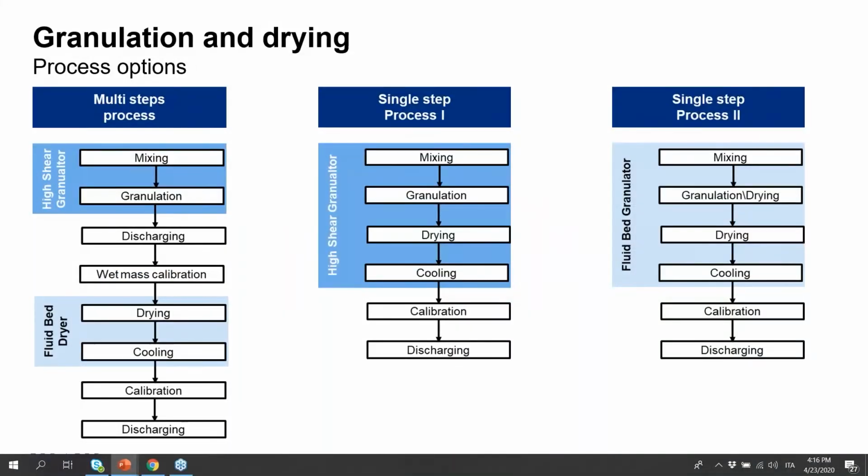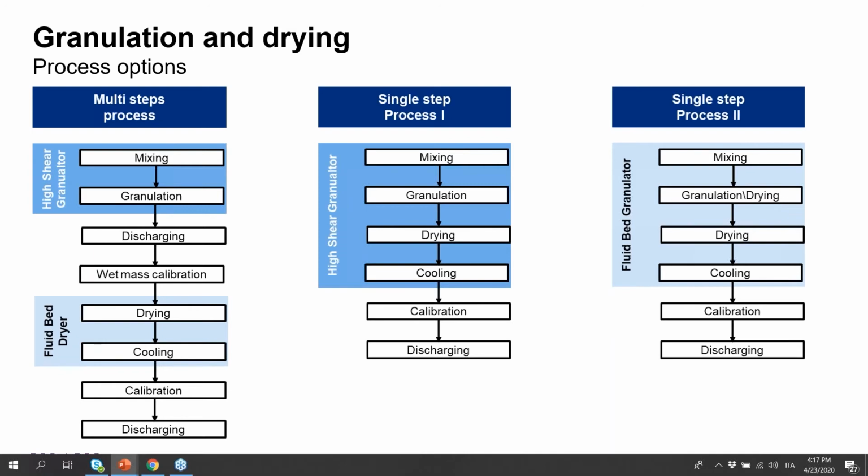So let's move one step more in the process. For granulation and drying, we can barely simplify the options available in 3 different ways. One is a multi-step approach where we do granulation in a high-shear granulator and we dry out the wet mass in the fluid bed dryer.